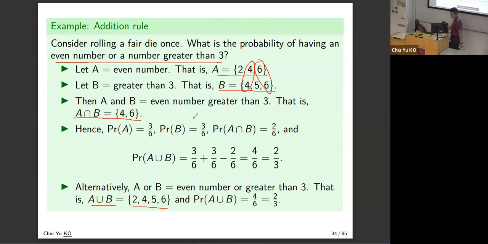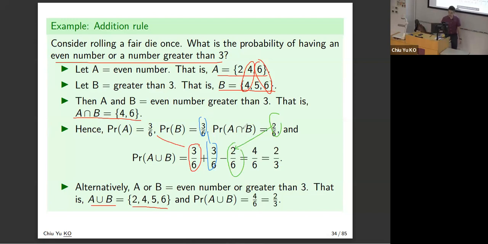So the probability will be: you take the probability of A from here, and B from here, and you subtract the green overlap there.